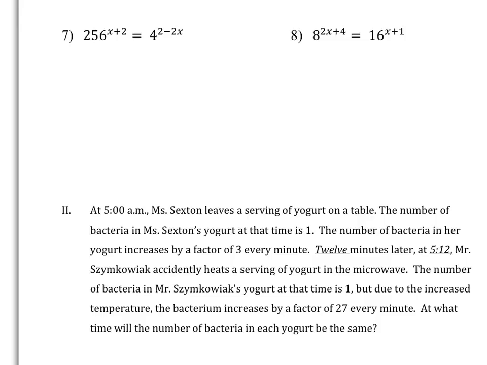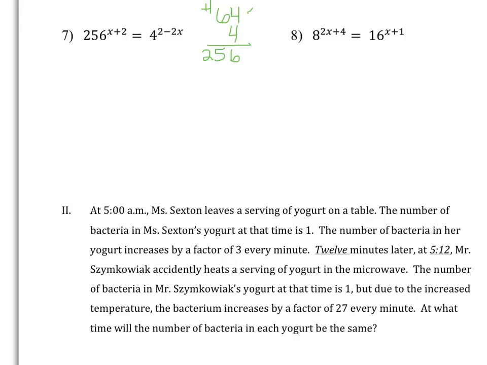Well, I know 4 times 4 is 16, and 16 times 4 is 64. So if I need to, keep going. 64 times 4, 4 times 4 is 16, plus 1. 6 times 4 is 24, plus 1 is 25, 256.